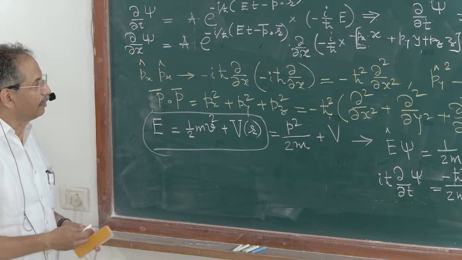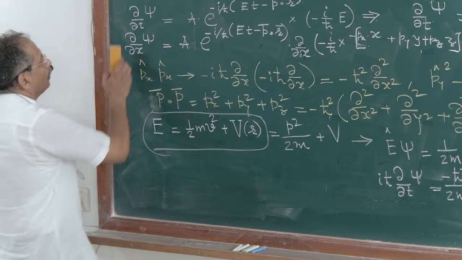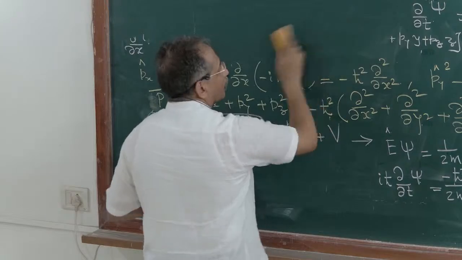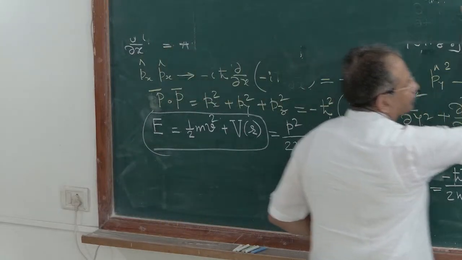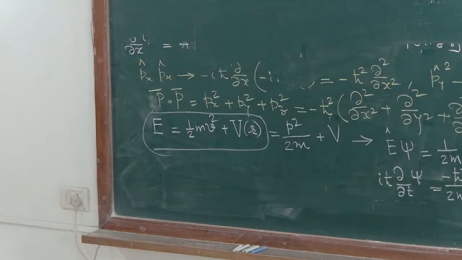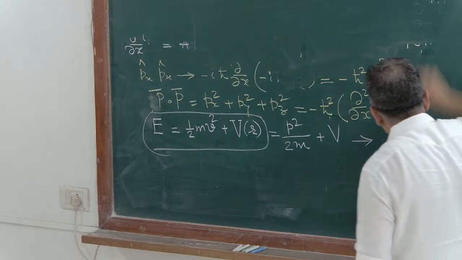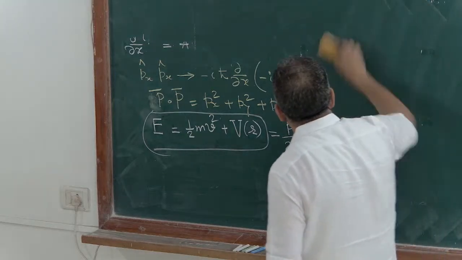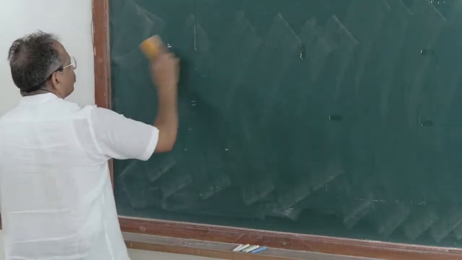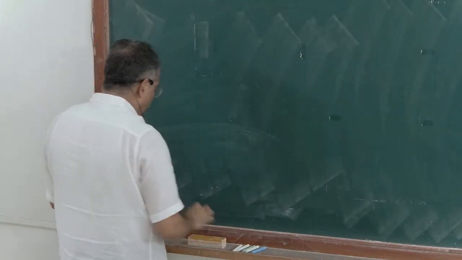So here we are going to use Albert Einstein's equation for energy, and that is a very famous equation, which is called the relativistic energy of the particle.